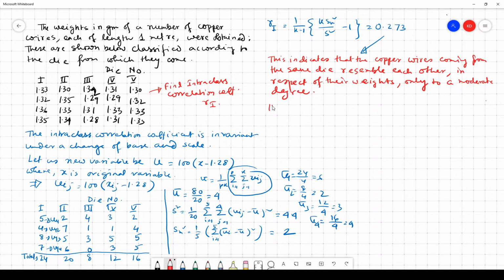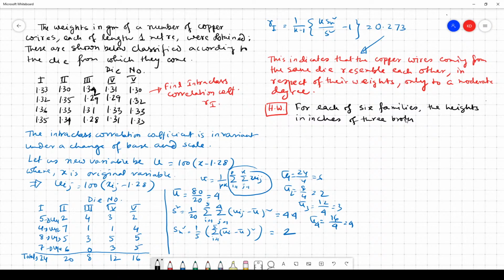So some homework. For each of 6 families, the heights in inches of 3 brothers belonging to it are recorded below.